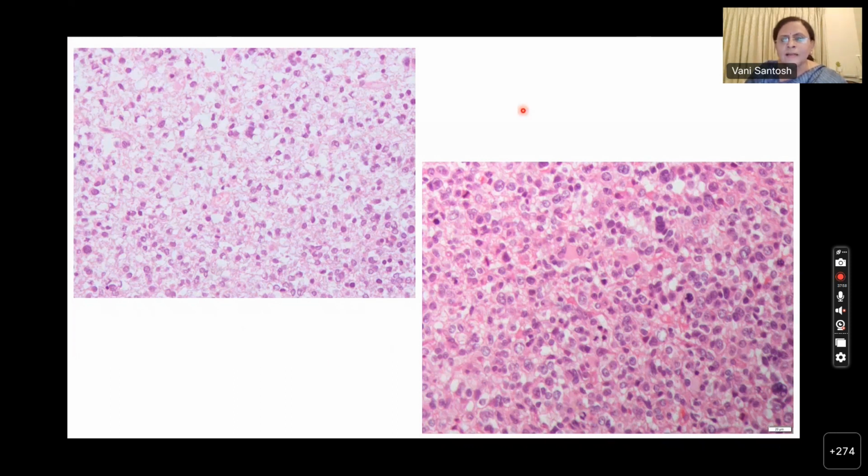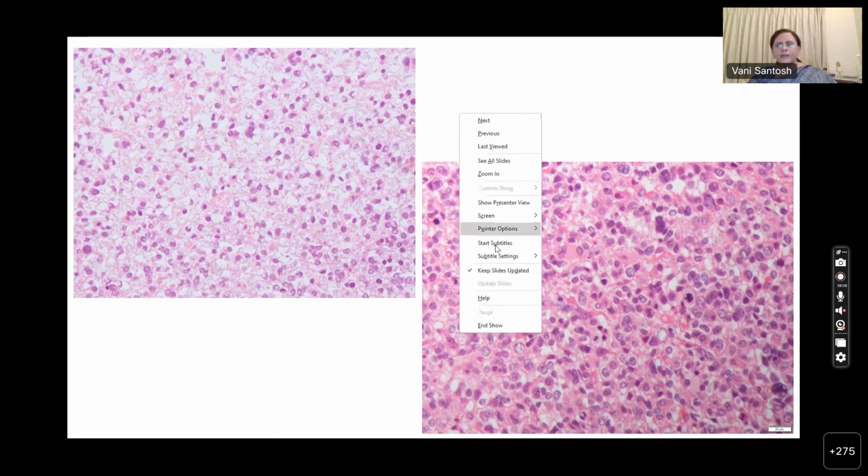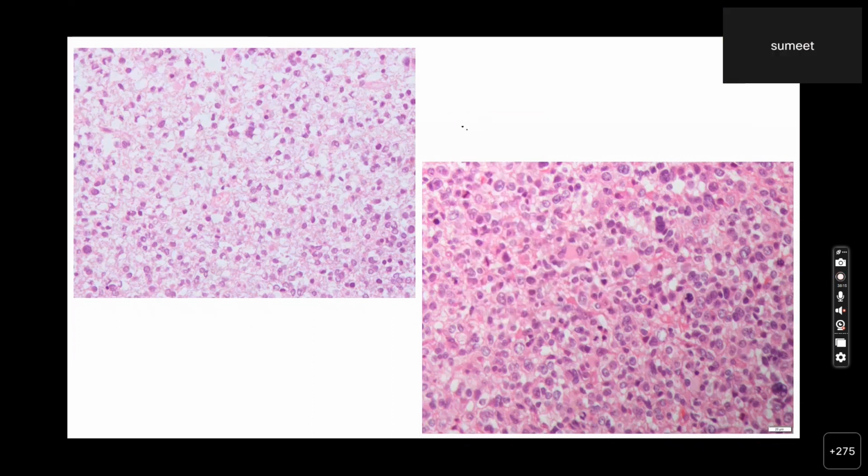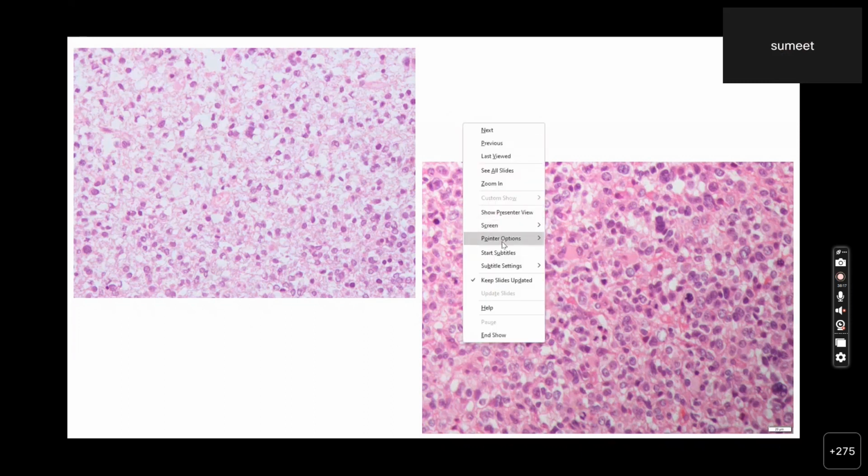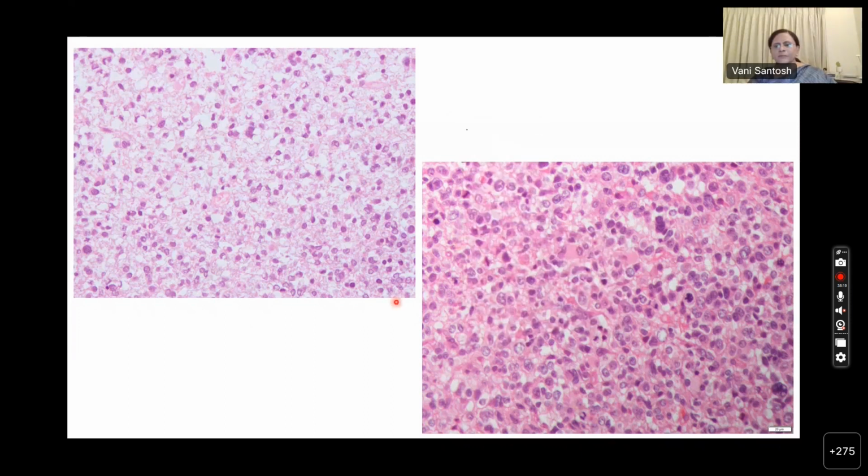We'll go to the next slide. Why is this not moving? Let me change the pointer option. Just click in the center of the screen, and next move now.